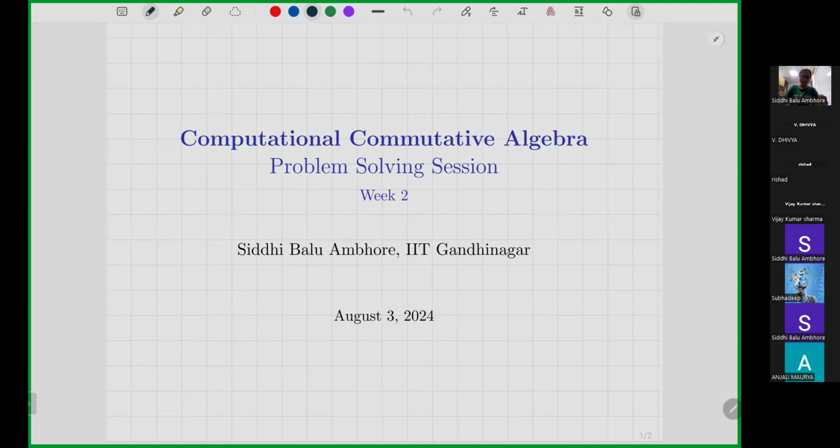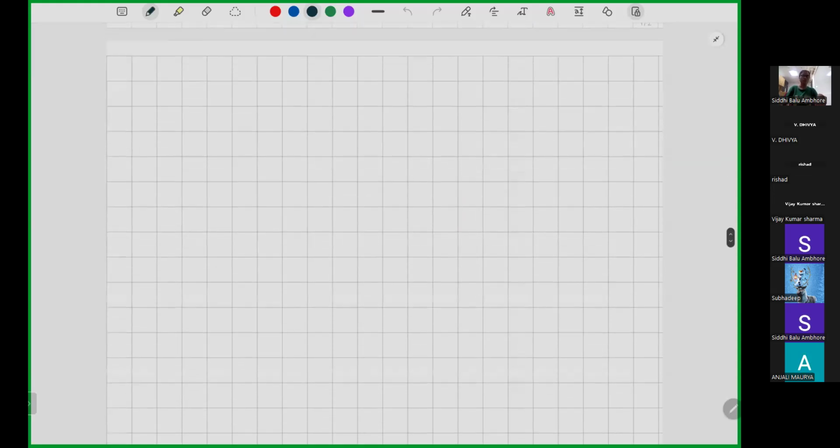Okay, so we will start with our first question of today. Question 1. Let K be a field and R equal to K[x1, ..., xn].